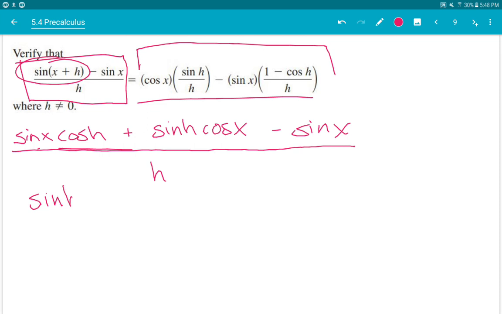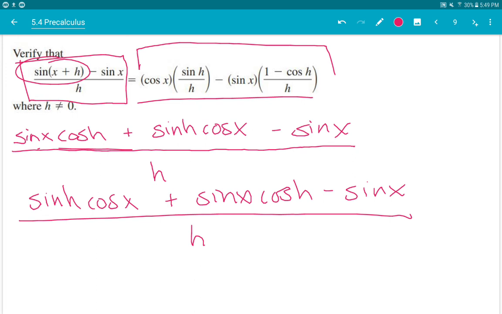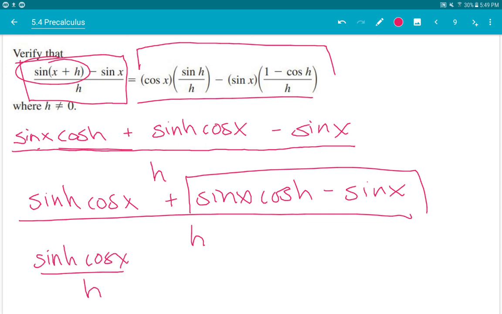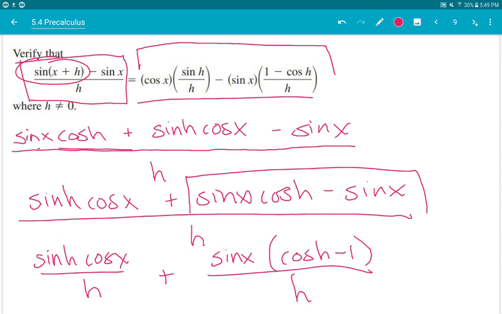We have sine of h cosine of x plus sine of x cosine of h minus sine x over h. I just rewrote it so that I can combine like terms. So I have sine of h cosine x over h plus, here I can factor out a sine of x, and that's going to give me cosine of h minus 1 over h.